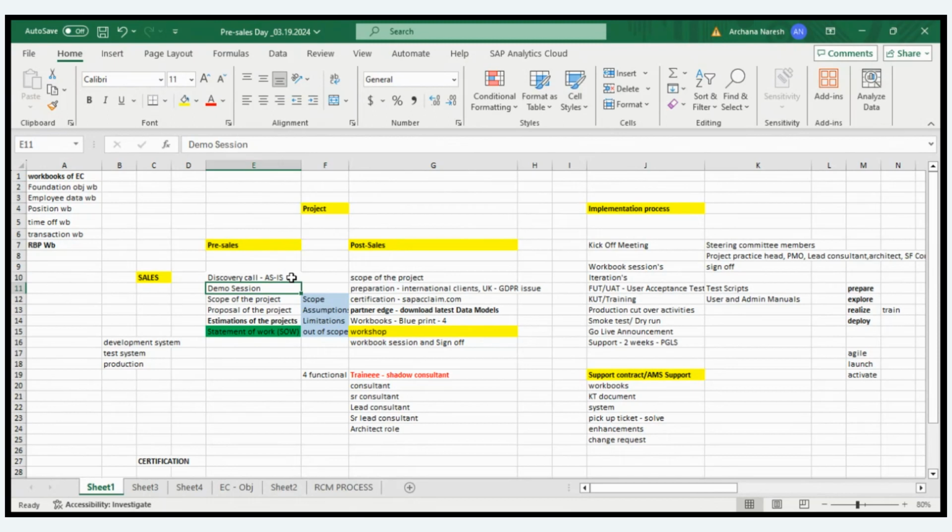You will say, okay, this is an employee login. You will log in as a simple employee. And then you will say, okay, this is the landing page, and this is how the screens will be. And these are the different portals where the data is captured. First is, let's say, personal information. In that you are capturing XYZ, whatever fields that are coming in standard, you will show them.